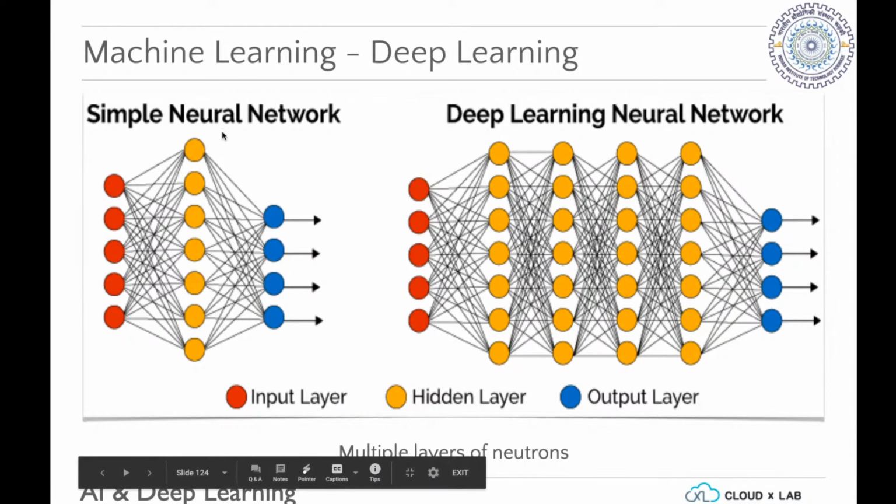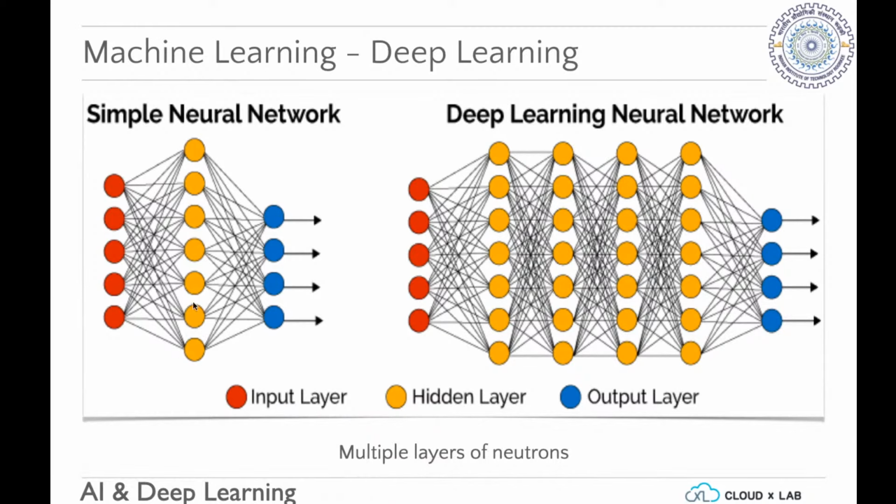In a simple neural network, you would just have, for example, one hidden layer, and in a deep neural network, you would have multiple of them. You would not have one, you would have a few of them. That's what deep learning neural networks are, and that's what we would be studying in detail. We'd be seeing how to implement them, what the different configurations are, and what the different applications are, etc.